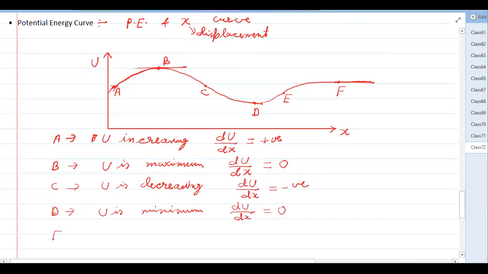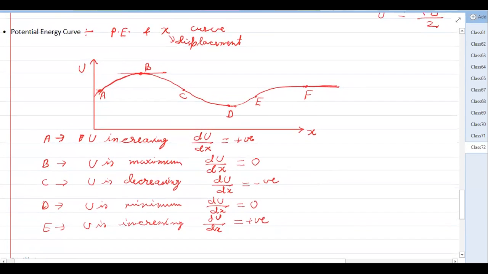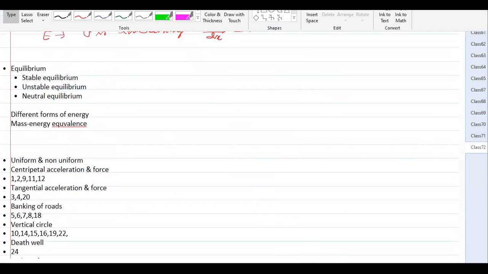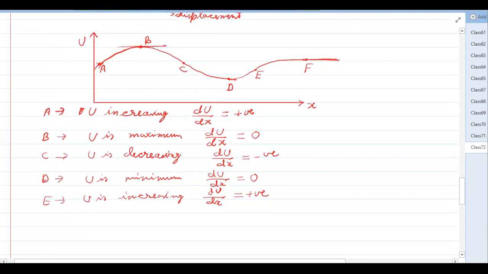At point E, U is increasing, so dU by dx is again positive, and at point F, U is constant. Constant means again dU by dx is 0.